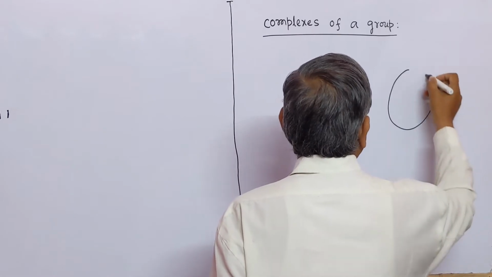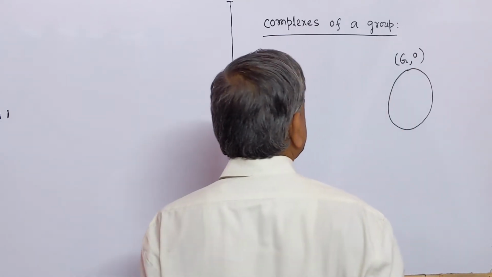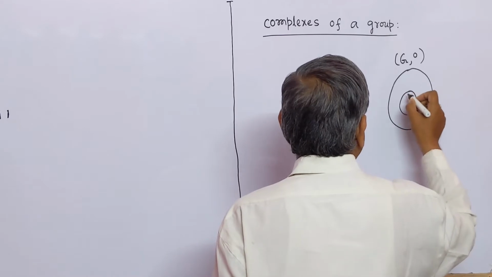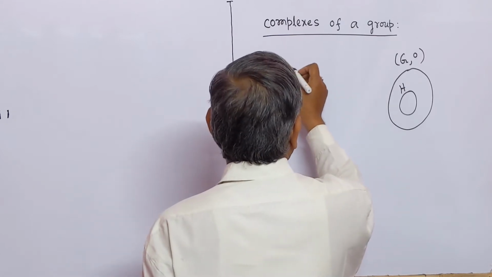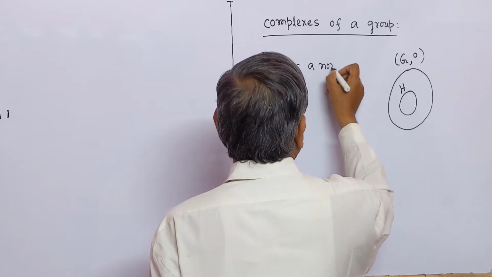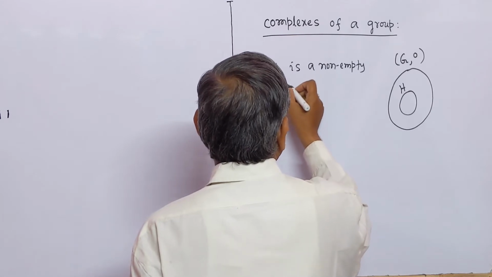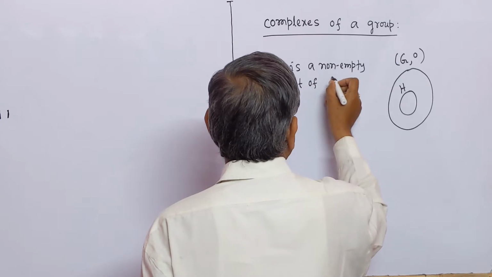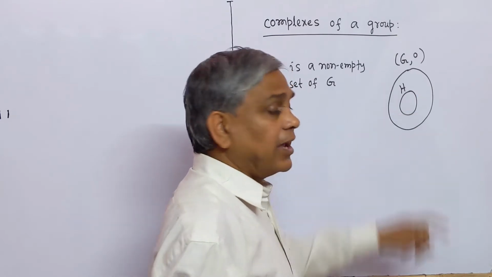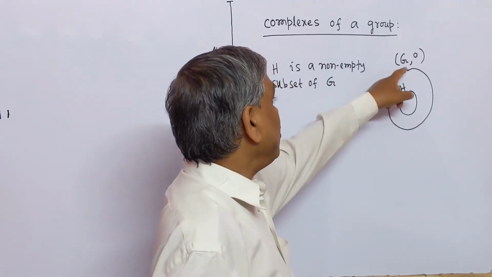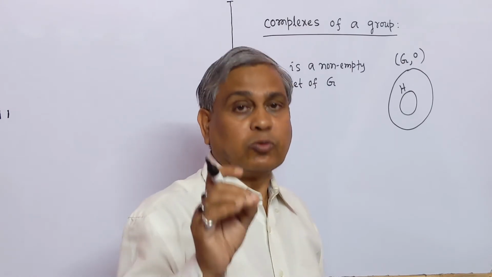Let G be a group with given binary operation and H be a non-empty subset of group G. Then this non-empty subset H is called a complex of group G. Now we write the definition of complex of a group.